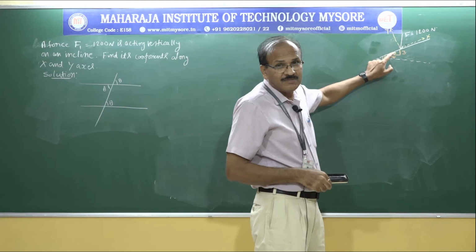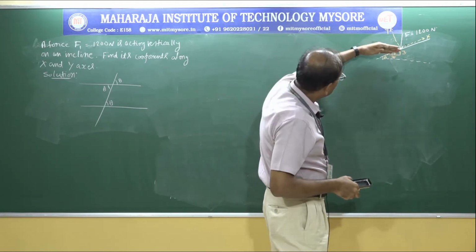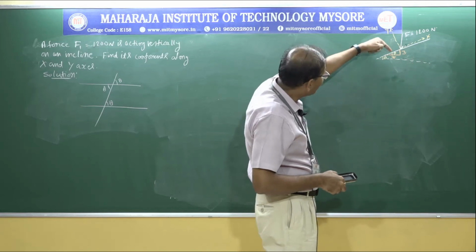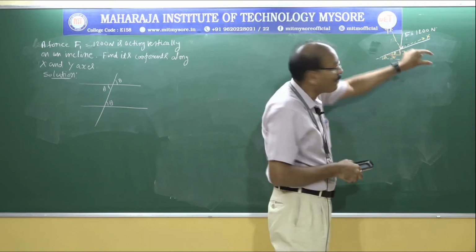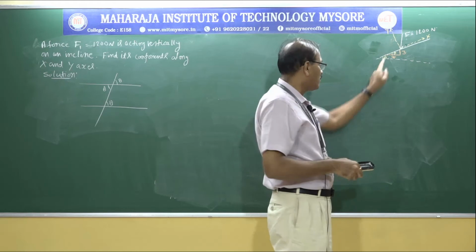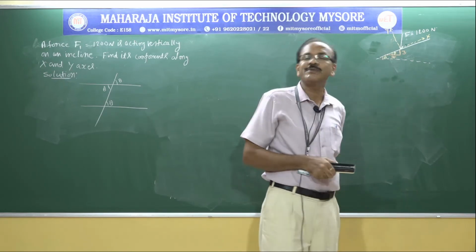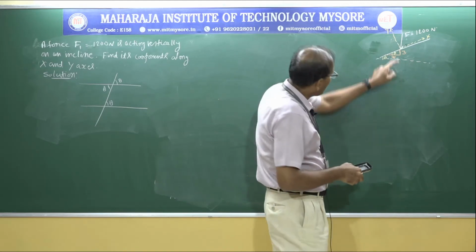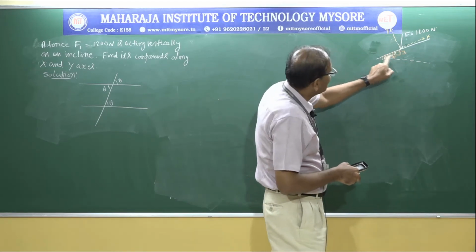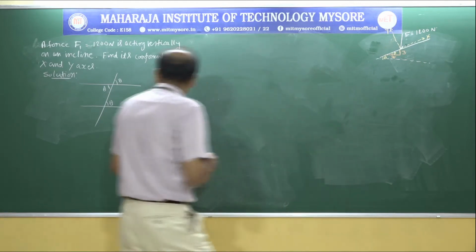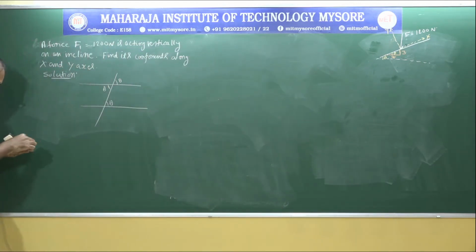This should be theta because this line is parallel to this, and this is the line cutting those two parallel lines. So these two are corresponding angles. So we can find out what angle theta is in this triangle.